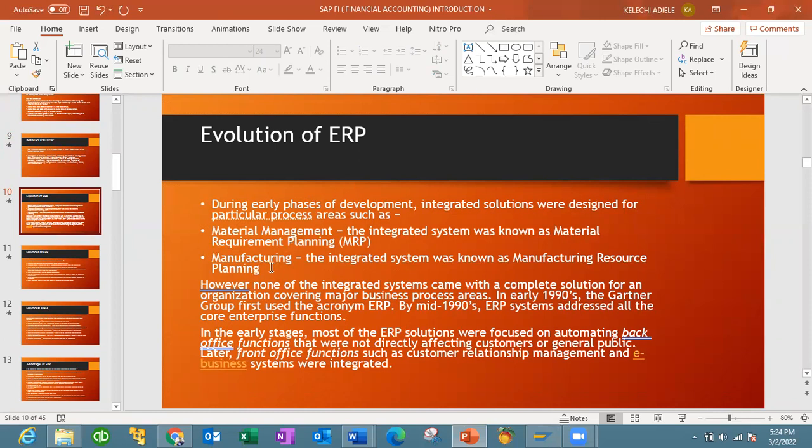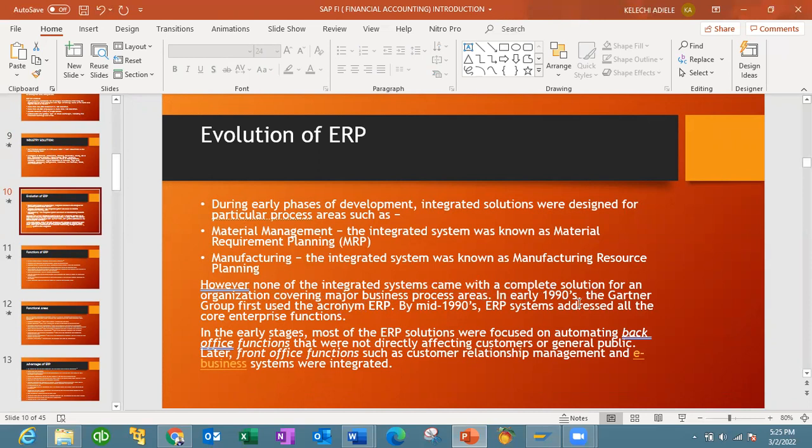Let's just look at how it evolved. Of course, in the early phases of development, integrated solutions were designed for particular processes. So what it's trying to say is that we had different parts, like material management on one side, SD on another side, FI on another side. However, none of the integrated systems came with a complete solution for all organizations covering major business process areas.